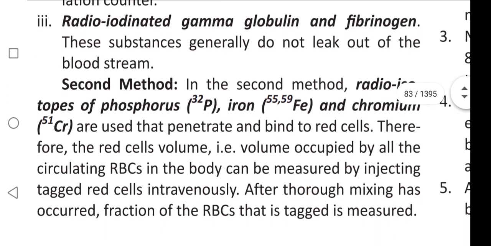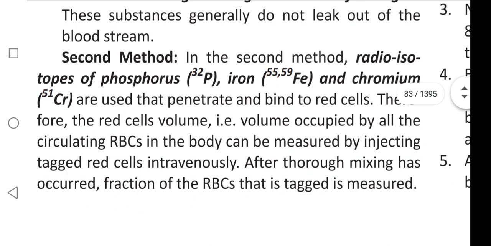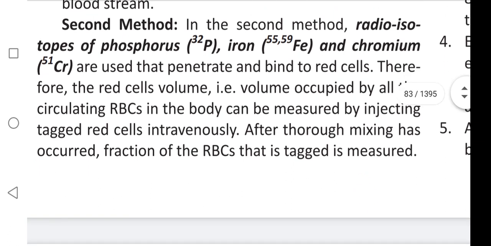Second method. In the second method, radioisotopes of phosphorus 32, iron 55 and 59, and chromium 51 are used that penetrate and bind to red cells. Therefore, the red cell volume, that is, the volume occupied by all the circulating red blood cells in the body, can be measured by injecting tagged red cells intravenously after thorough mixing has occurred.